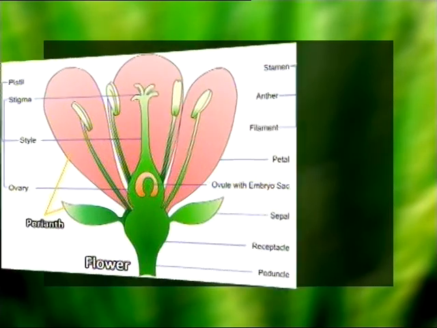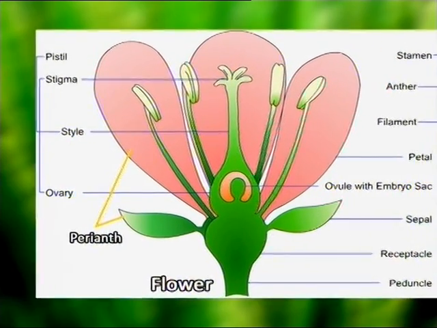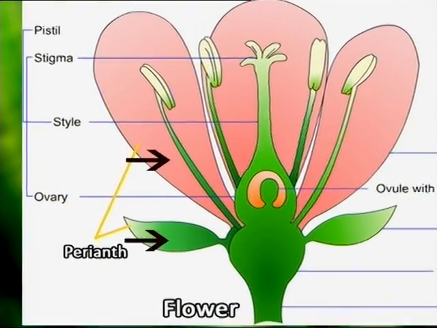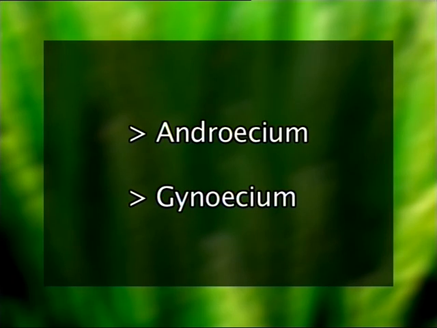Out of the various diagnostic features, the most important is the presence of the flower within the angiosperms. The flower is usually associated with accessory whorls in the form of perianth. In a flower, we also have the reproductive parts in the form of androecium and gynoecium.